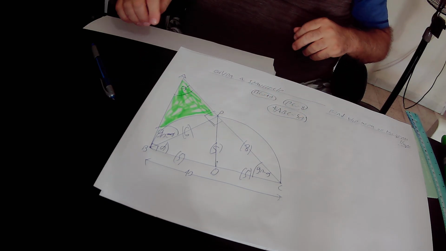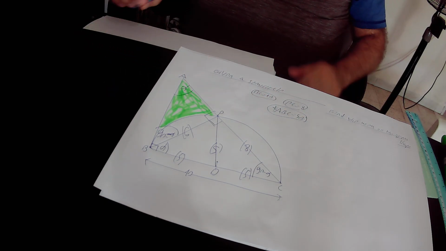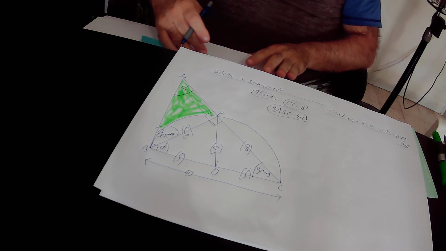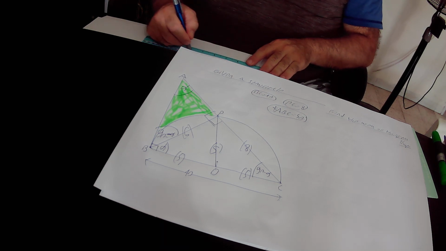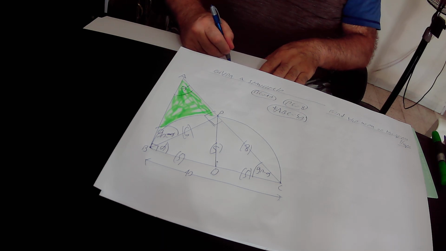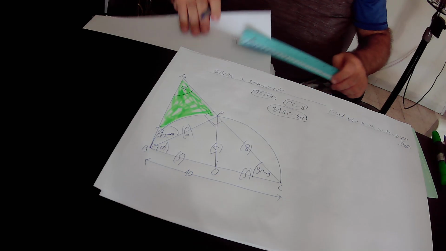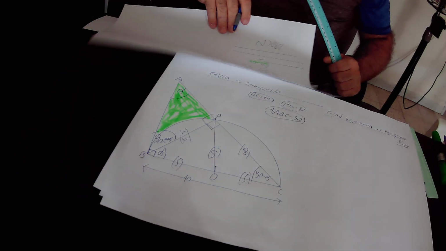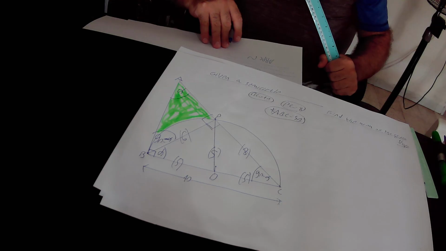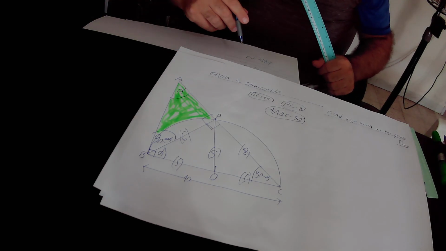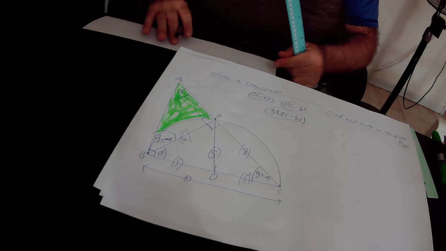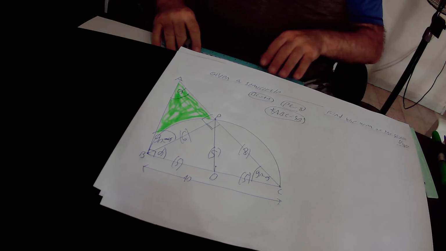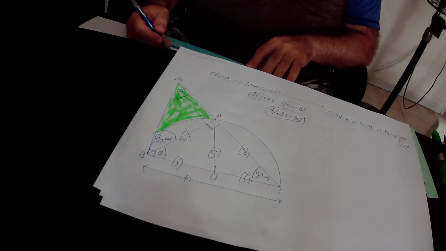So I write it down: the right triangle BPC is similar (this is the sign of similar) to the right triangle APB, according to the angle similarity rule.